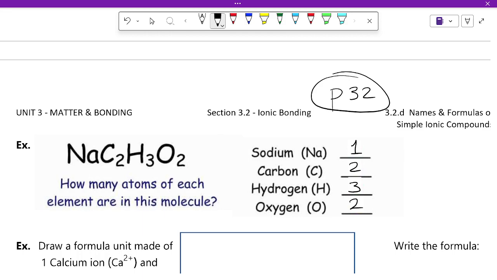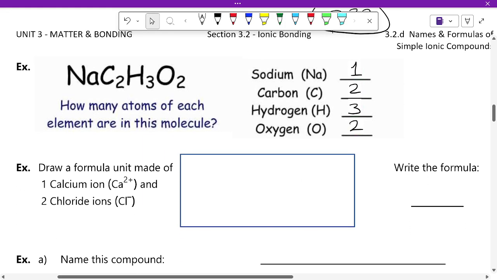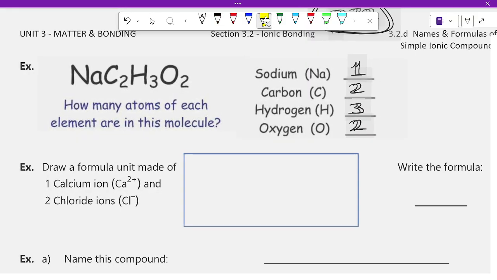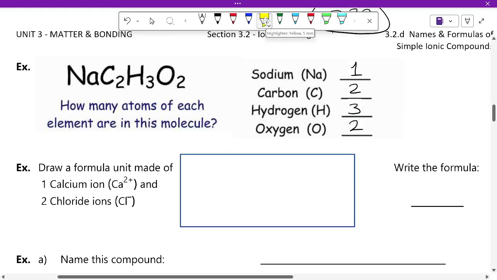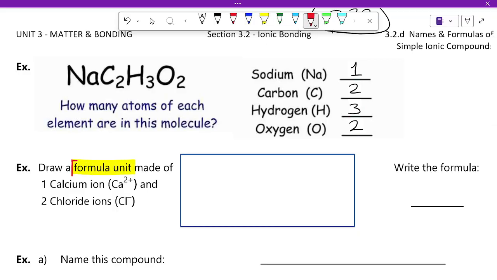Ooh, a new word. The new word is formula unit. And it is a single unit of an ionic compound.